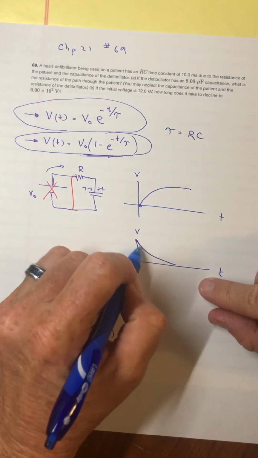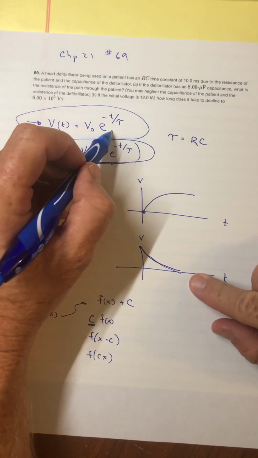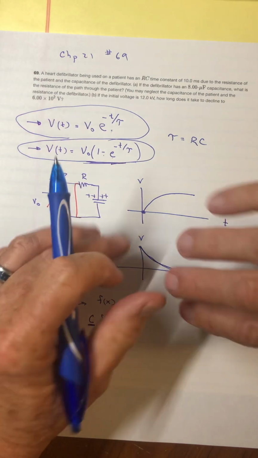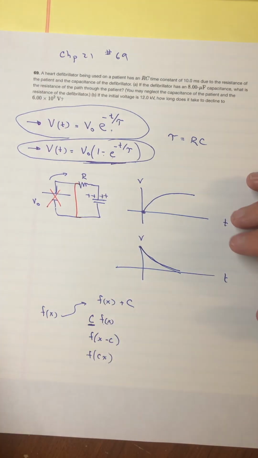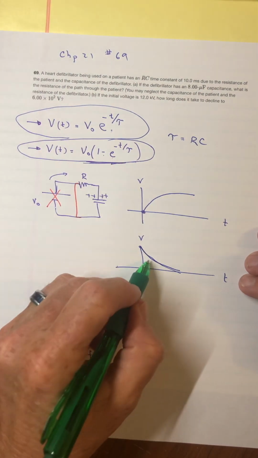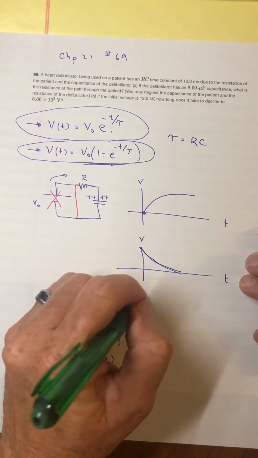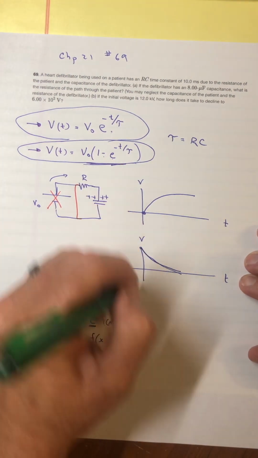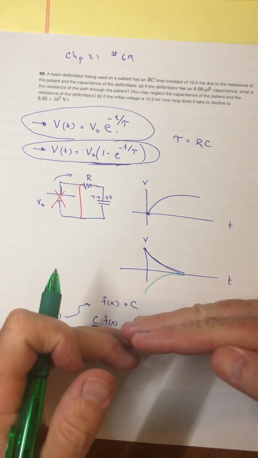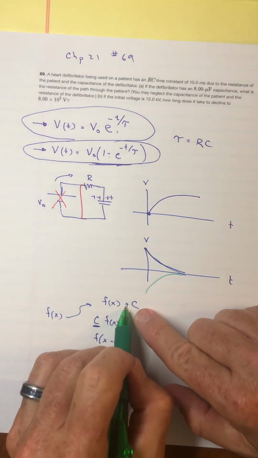If you took this function, which is represented right here with this mathematics, and you put a negative in front of it, that would flip it over. And then if you wanted to move it up on the axis, you would add a constant.